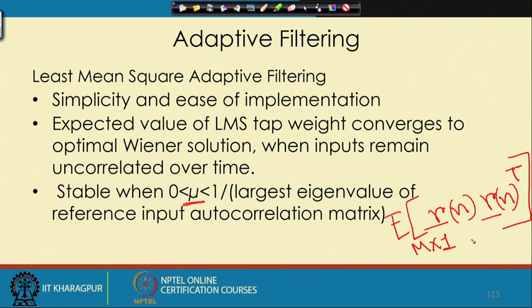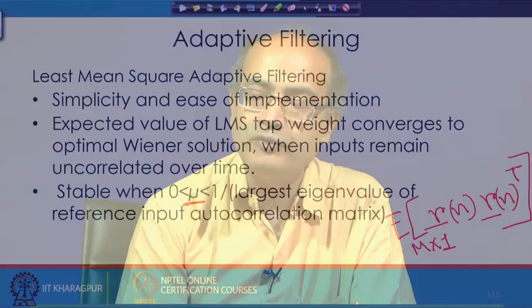If we compute the eigenvalue of this matrix, mu should be less than 1 divided by the largest eigenvalue of this matrix, and that is necessary for the stability of the LMS algorithm. Otherwise, what can happen is that this LMS algorithm will never converge.